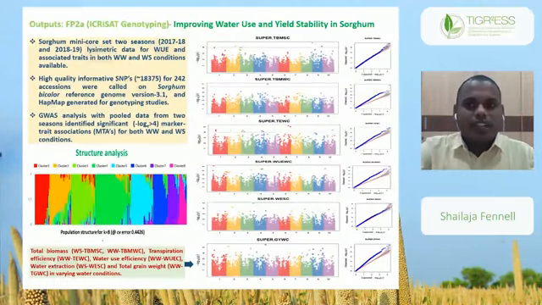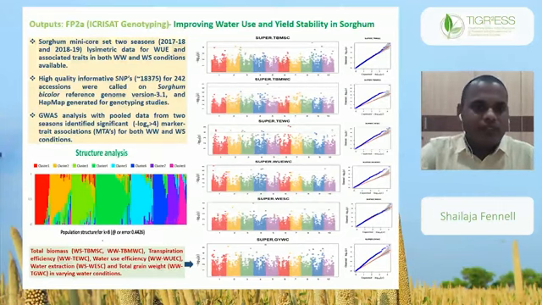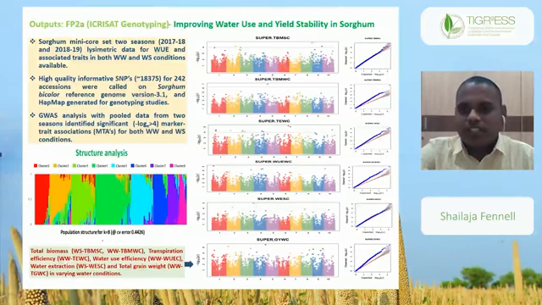With the available 2 seasons phenotyping data, and also a high quality informative SNP set for this sorghum mini core set, we have generated a HapMap from these high quality informative SNPs. That is approximately 18,000 SNPs for this panel.